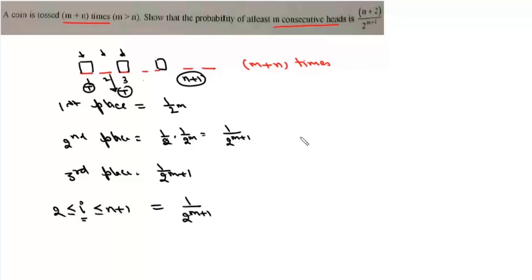So this required probability will be 1 upon 2 to the power m plus 1 upon 2 to the power of m plus 1, n times. So it will be n into 1 upon 2 to the power of m plus 1, which is simply n plus 2 upon 2 to the power of m plus 1, which is what we need to prove in this question.